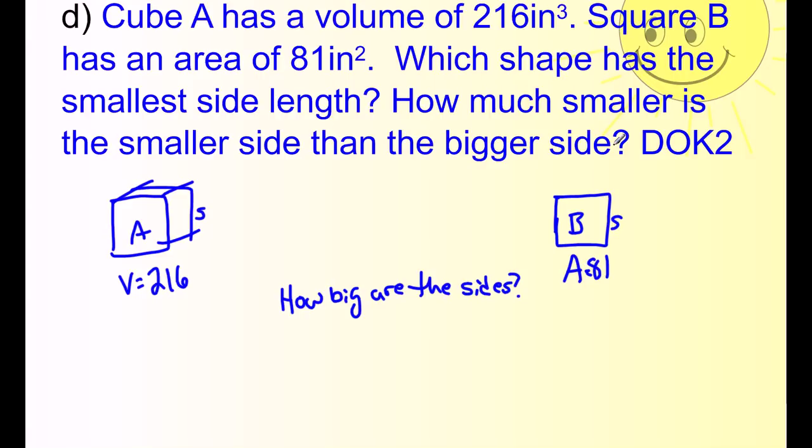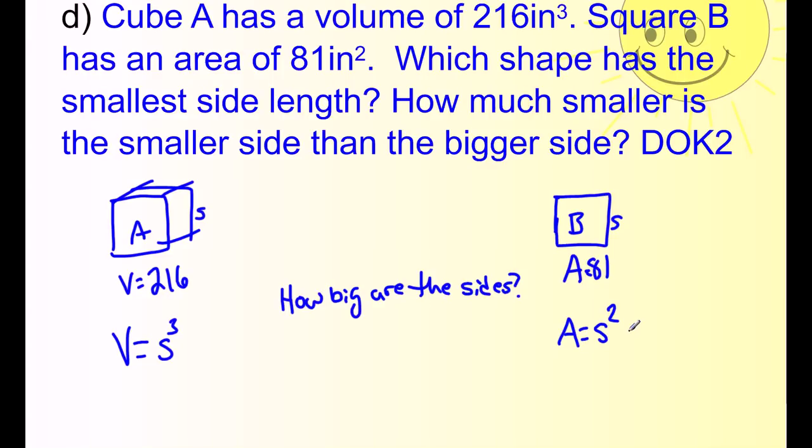From past experience, about 3 problems ago, we know that there's a volume formula that looks like this, and there's an area formula for a square that looks like that.